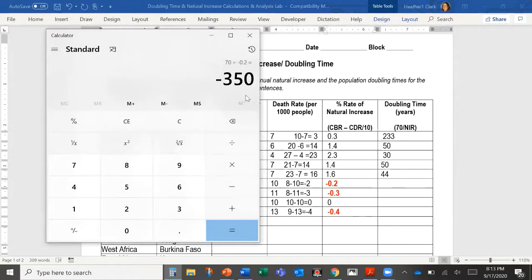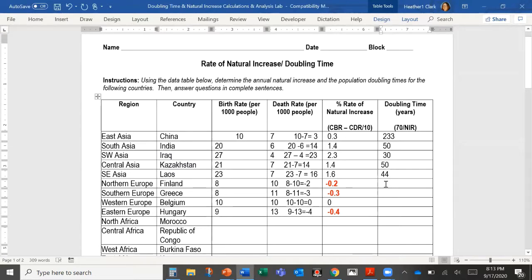And since we can't go backwards in time to double things, what you put here is it doesn't double because it's in decline. So this country's population is in decline. They have a negative natural increase rate, so it will not double right now. It's just getting smaller and smaller and smaller, okay?